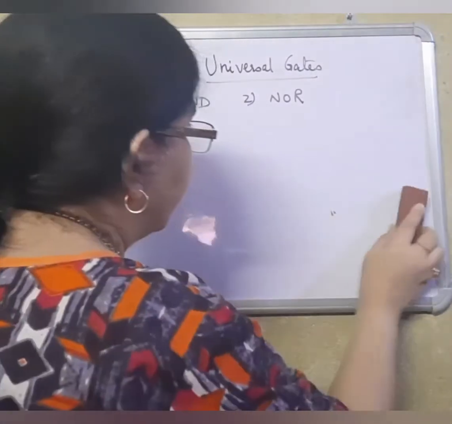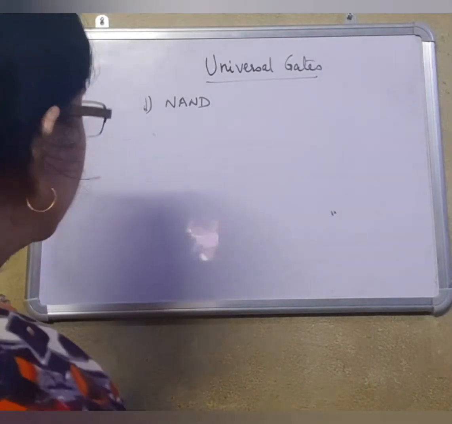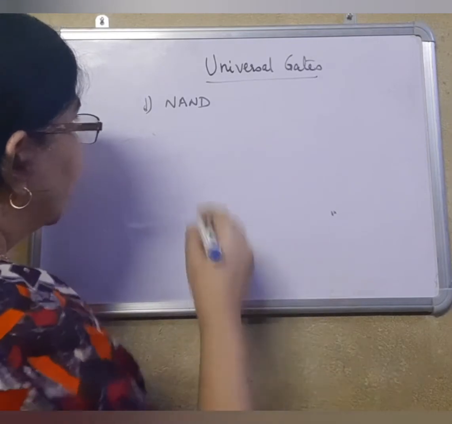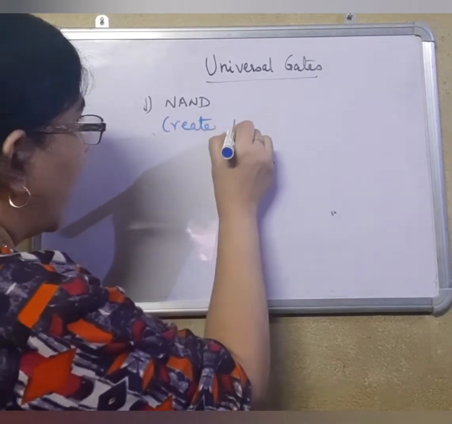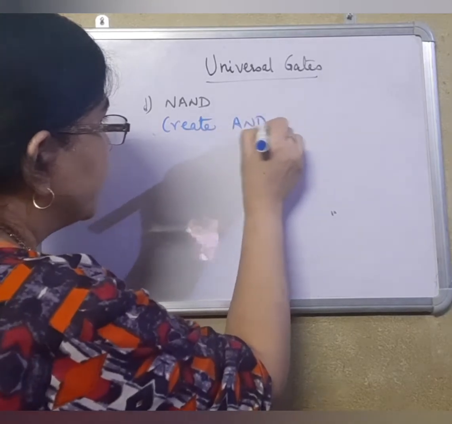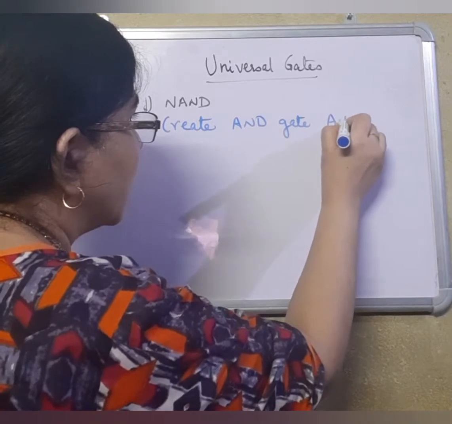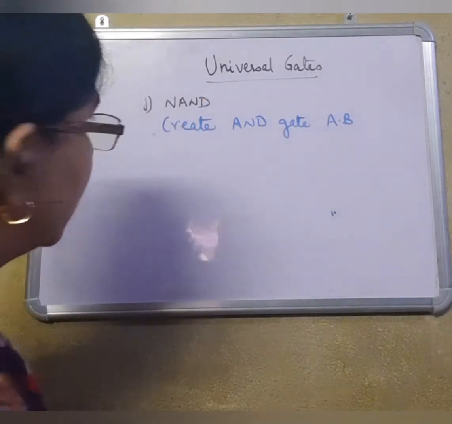Let's have a look. Suppose it is given that with the help of NAND gate, we create an AND gate. That means we want the output as A dot B using NAND gate only.